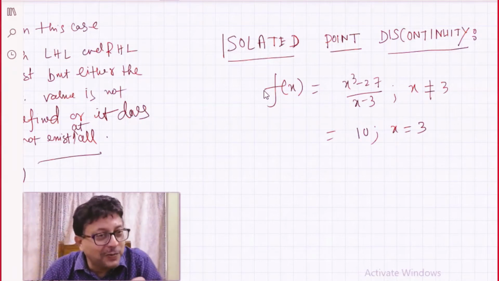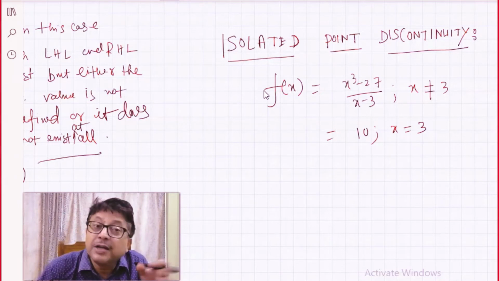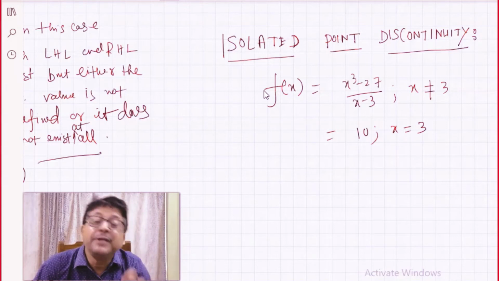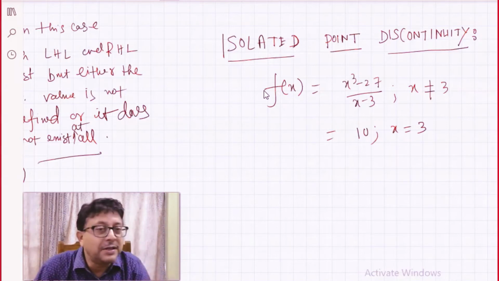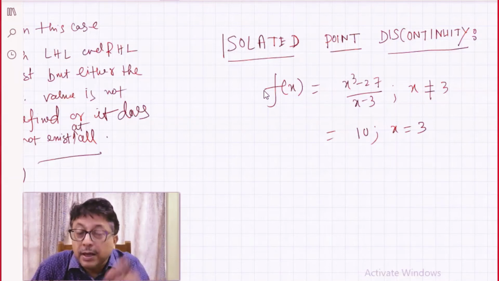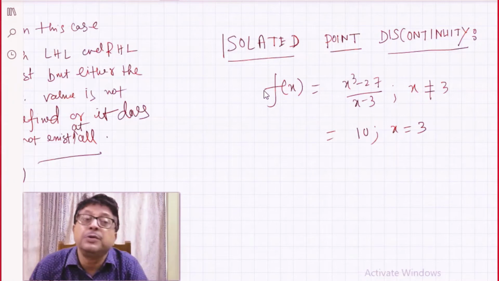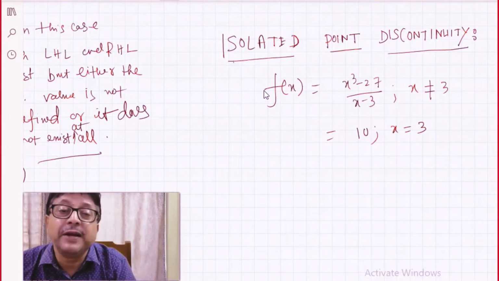At that particular point, the functional value will be isolated. Isolated from where? It will be isolated from the limiting value. Then you will say that there is isolated point discontinuity. Function is there, limit exists, but that limiting value not going to be equal to the functional value here. So isolated point discontinuity you can define here.